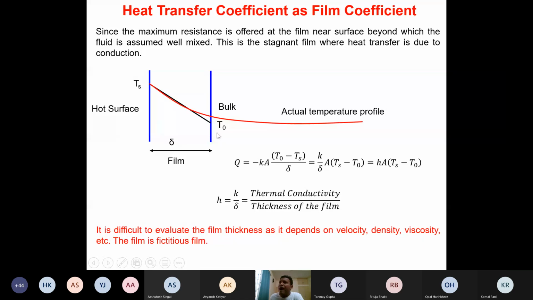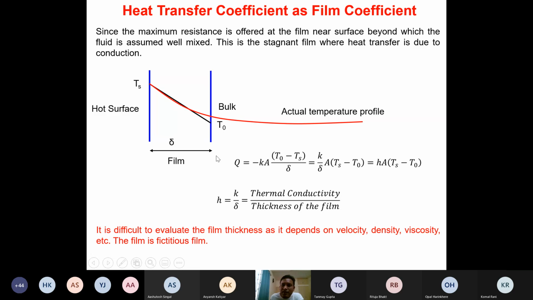So this thin film ideally remains stagnant, even though we should not say it remains stagnant, because if you look at the velocity, some velocity will still be there, isn't it? So there will be a laminar layer, isn't it? Only the velocity is zero exactly at the surface. But in this particular layer, mostly the fluid flow is laminar.